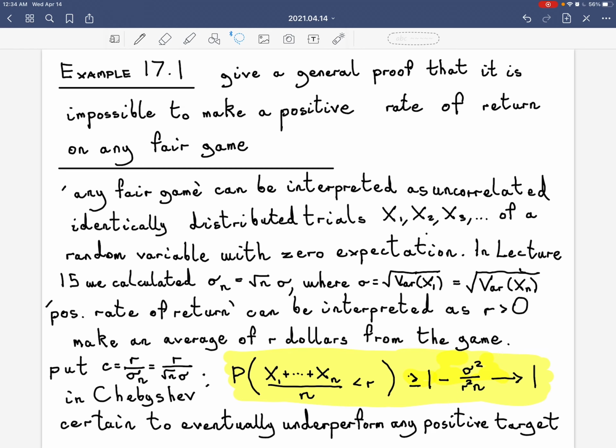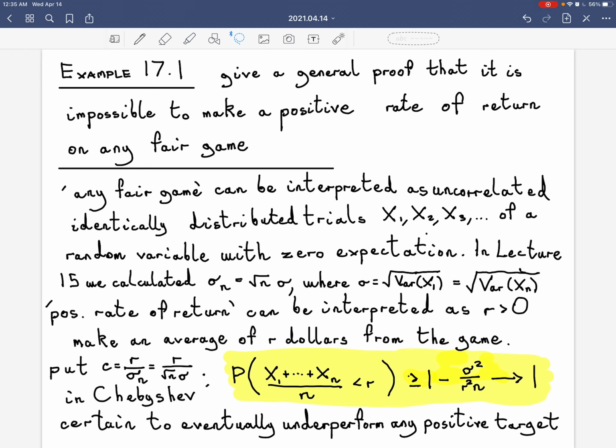So this is kind of why probability theory works. It's because standard deviation scales slower than linearly. It scales like the square root of the original standard deviation. And so we have this interpretation of the phrase any fair game, which is just uncorrelated, identically distributed trials of a random variable with zero expectation.